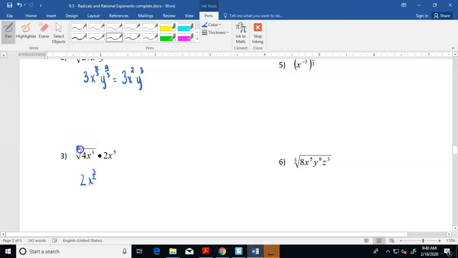Because this is a square root. It doesn't have a 2 out there, but we know there is one. So we've got 2x to the 3/2 times 2x to the 5th. All right, so what will I do with those coefficients, Adam? The big 2's. We'll multiply those. We'll get 4.